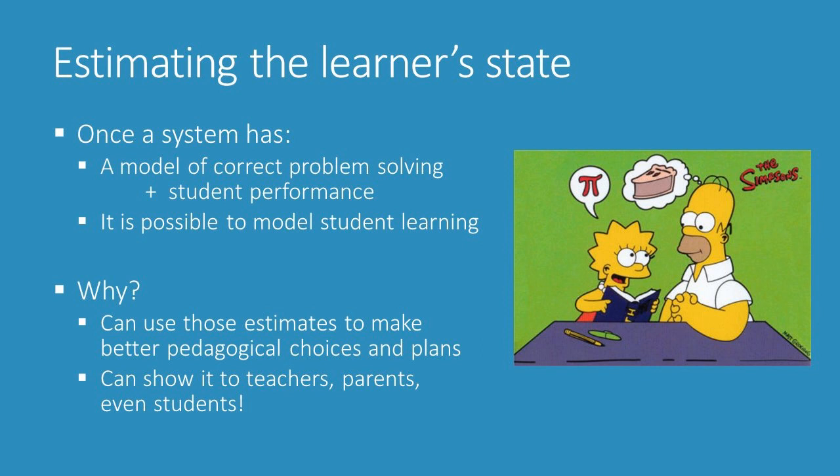You can then grow a representation of where that learner is, and that helps you decide when they've learned it, after so many iterations. So you can use that to make pedagogical choices. And another intriguing idea is you can reveal that model to the student, to say, this is what the system thinks you know.